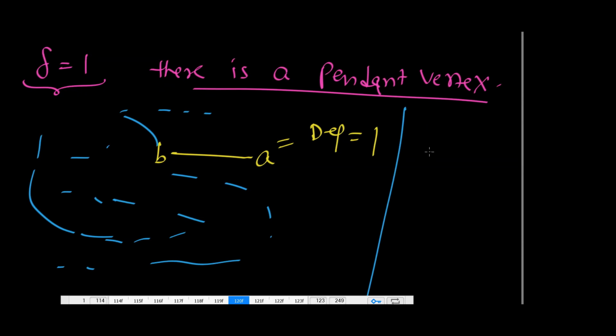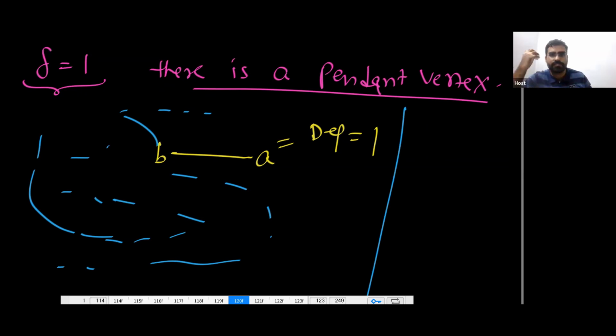If you want to disconnect this graph, how easy is it? Just remove B. If you remove B, then this will definitely disconnect.